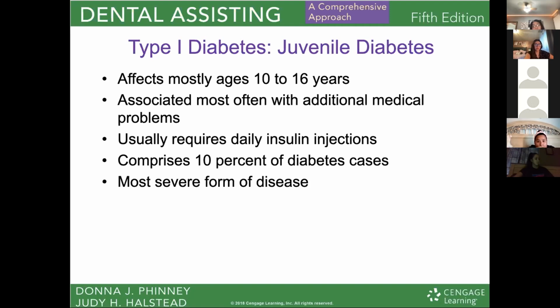It permanently damages the patient's pancreas, so the patient can no longer produce their own insulin. This is why patients have to administer insulin injections for the rest of their life. So you want to monitor these patients closely. This comprises about 10% of diabetes cases.